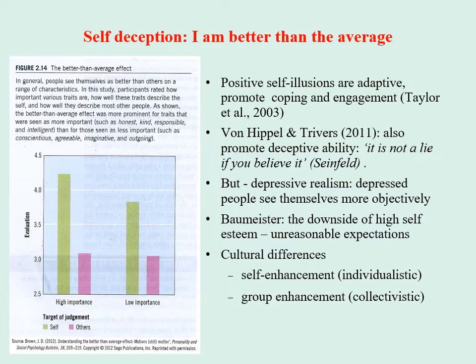The extent to which our positive self-esteem is important also differs across cultures. Individualistic Western liberal cultures typically value self-enhancement, but more collectivistic communal cultures tend to place more emphasis on group enhancement.